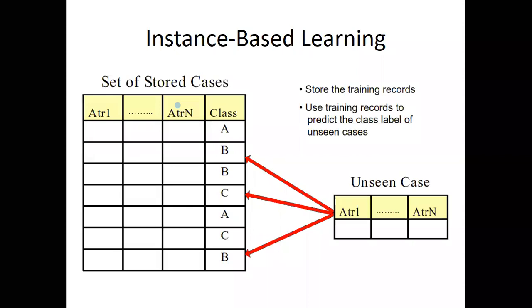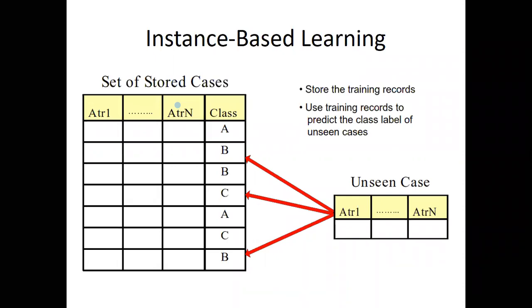From here, your actual machine learning algorithms will start. Your syllabus will start from here. Instance-based learning is the first category of learning, one of the categories of machine learning. Instance is nothing but a set of attributes, one example which has attribute values and its particular class.